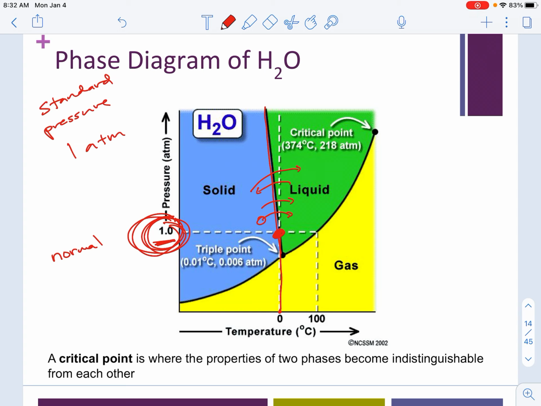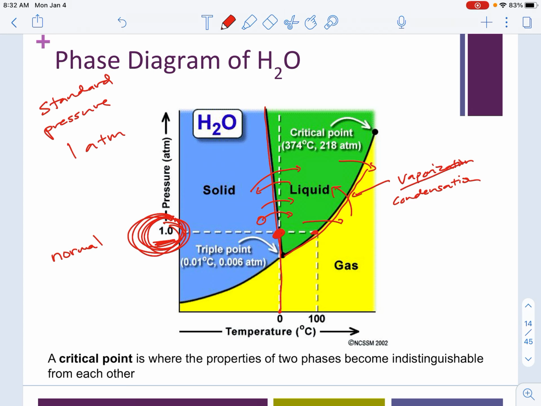Continuing on, at this normal pressure we can go from a liquid to a gas, and that happens at this line right here. This whole line indicates the process of vaporization, going from a liquid to a gas, or the opposite, condensation, going from a gas to a liquid.